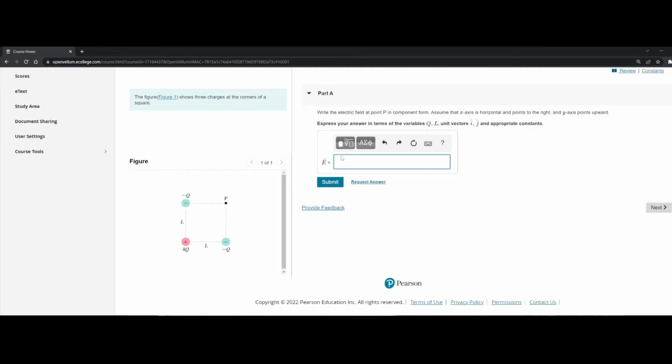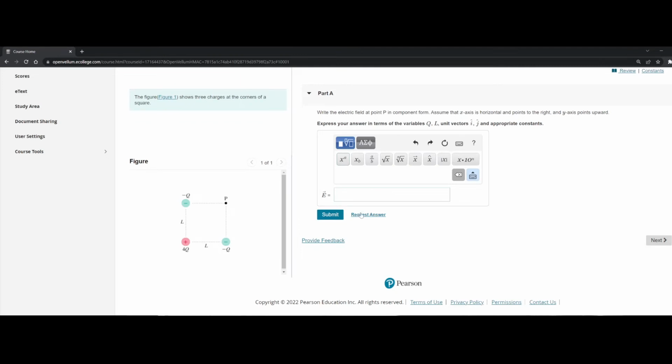Let me put it here. kq over L squared multiplied by square root of 2 minus 1, to be on the vector side constants. Good.